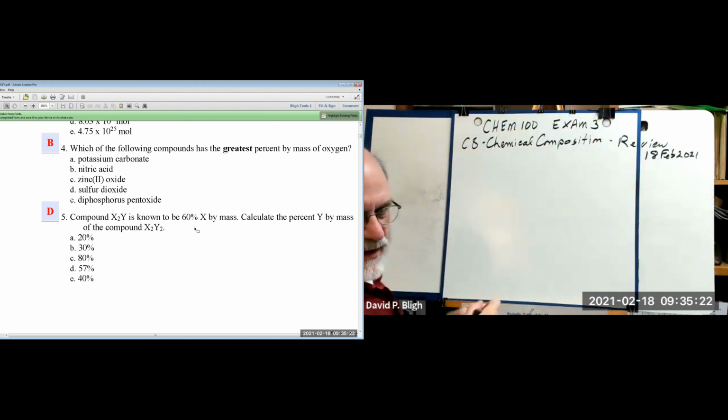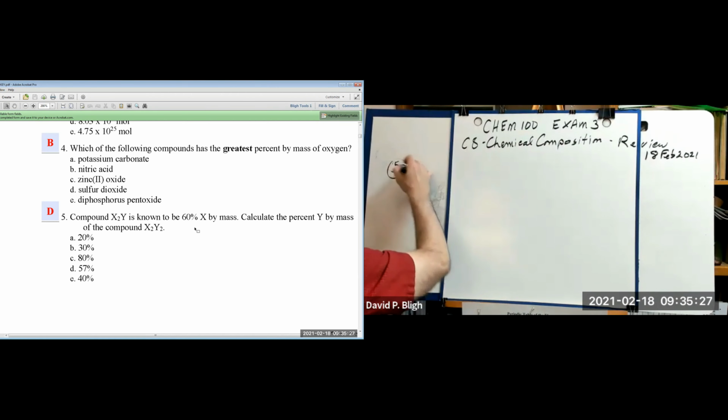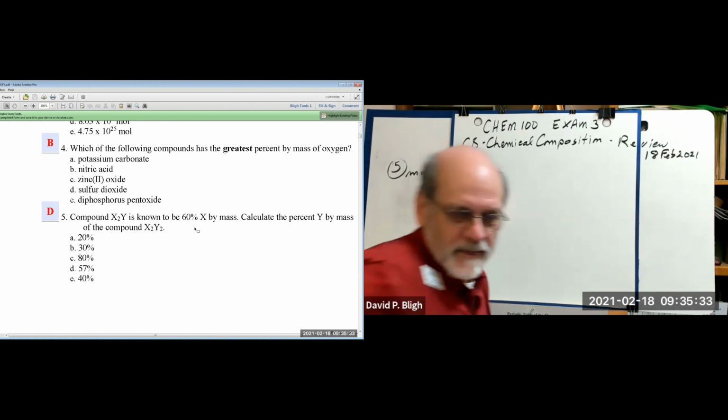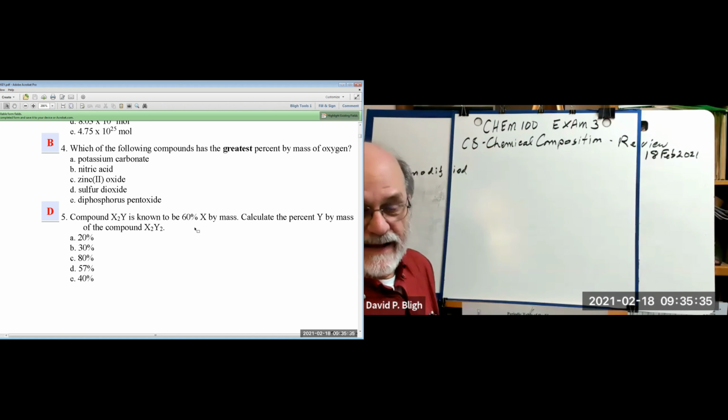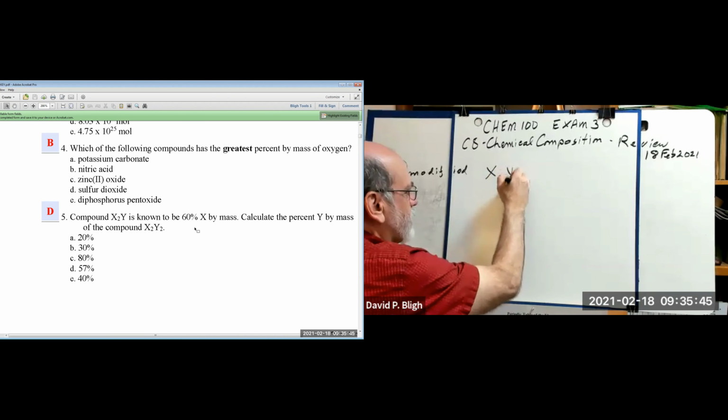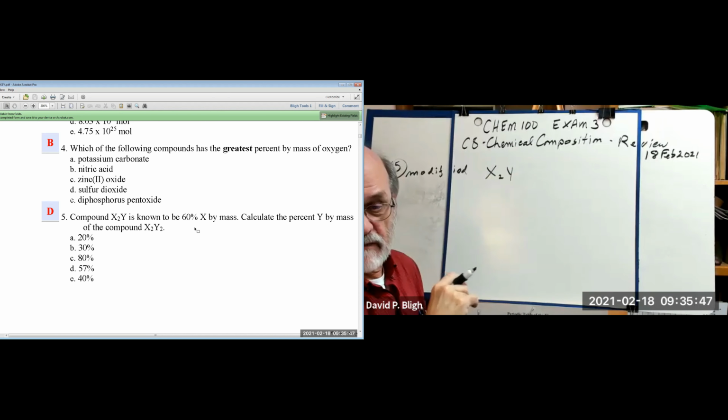Okay, so this is 5 modified. I'm going to change the parameters. Let's say we have X2Y is good. We'll start off with that. And for that compound, you're given 60% X, but I'm going to change it to 50%.